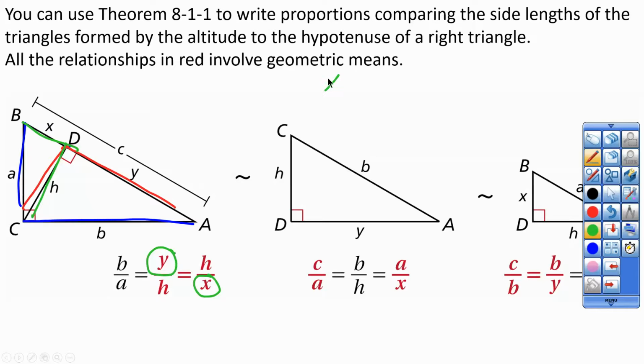Remember, it was A over x is equal to x over B, right? Notice how it's x and x. So that gives you AB is equal to x squared. So we do the same thing there. That'll be YX is equal to H squared. So you notice that H is our geometric mean.